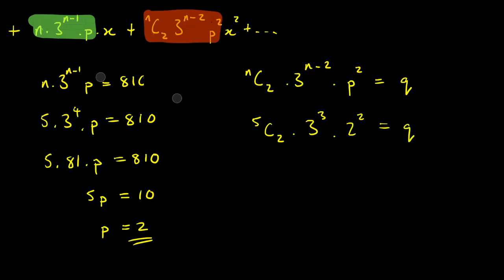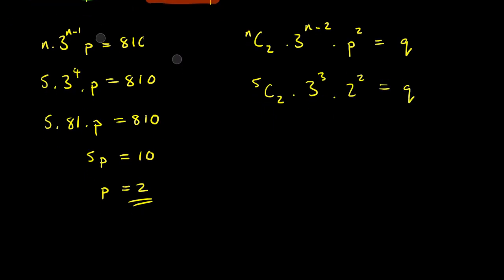Again, let's try to do this without a calculator. What's 5C2? 5C2 is going to be 5 factorial over 2 factorial times 5 minus 2 factorial. That's a formula that's in the front of your exam paper.